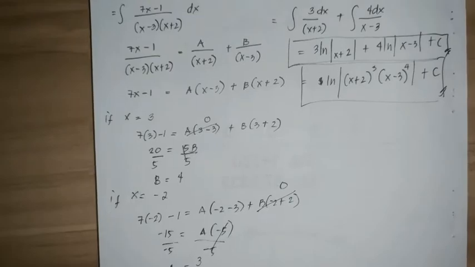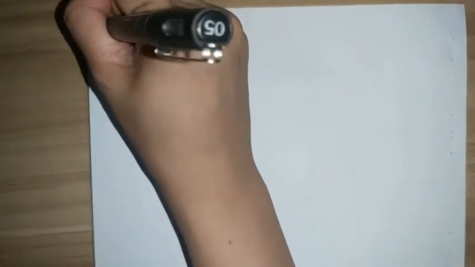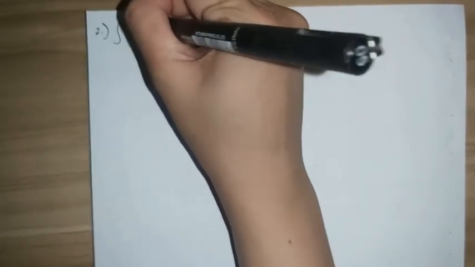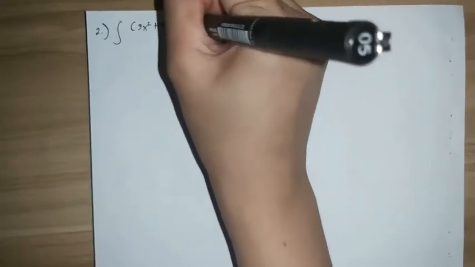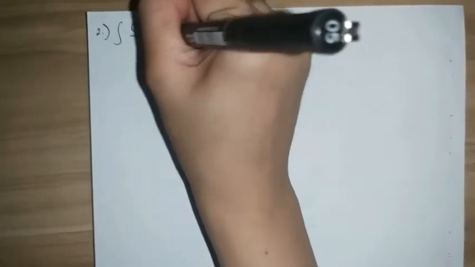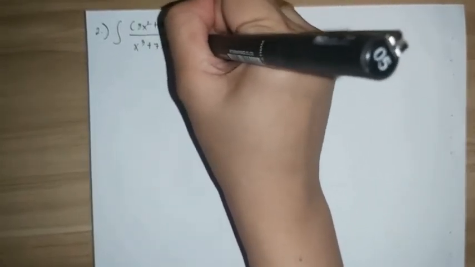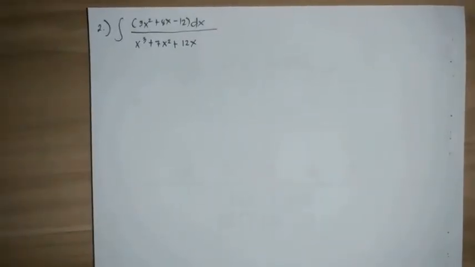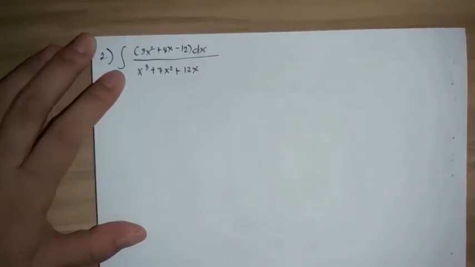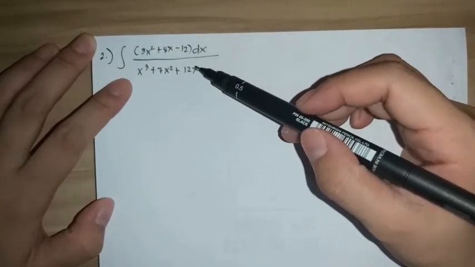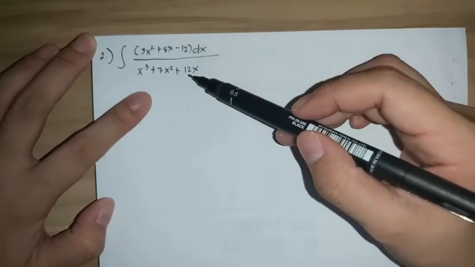Let's move on to number 2. So in number 2, I'll write it. Given that we have the integral of quantity 3x squared plus 8x minus 12 dx all over x cubed plus 7x squared plus 12x.